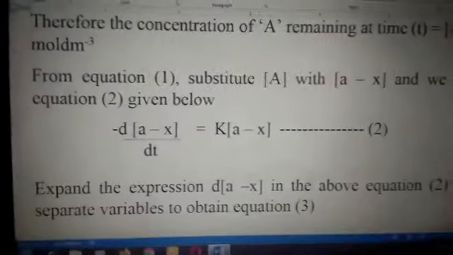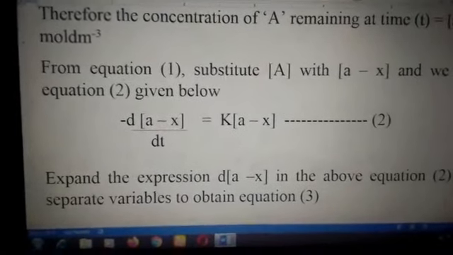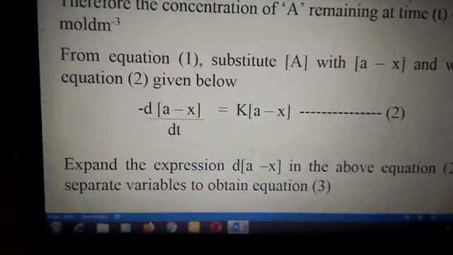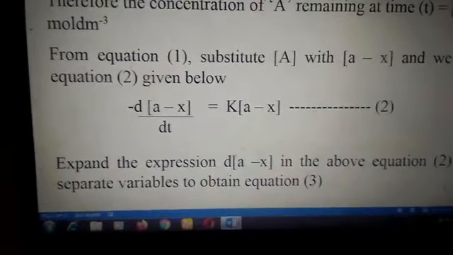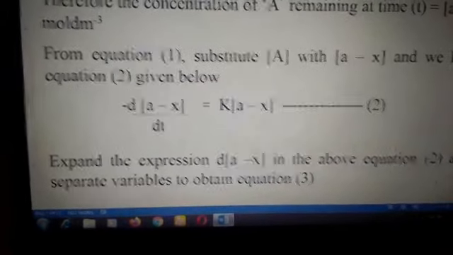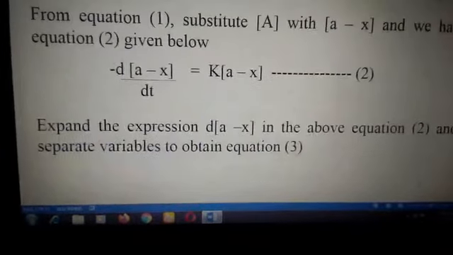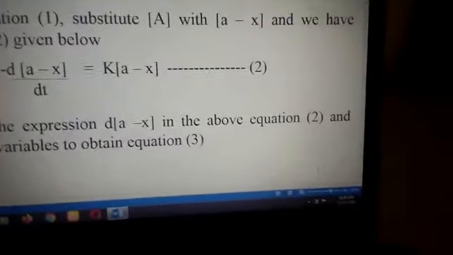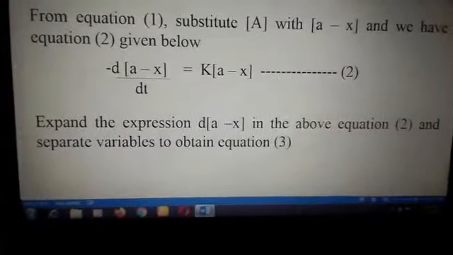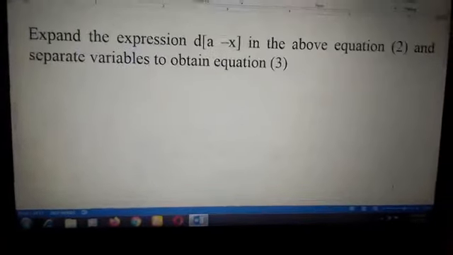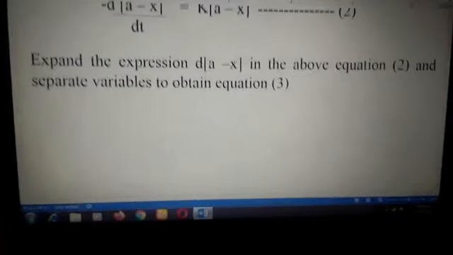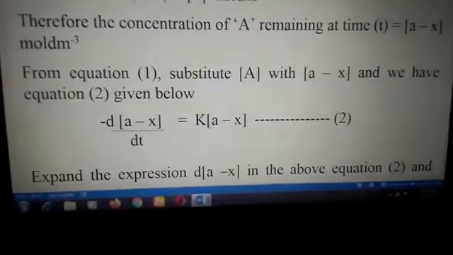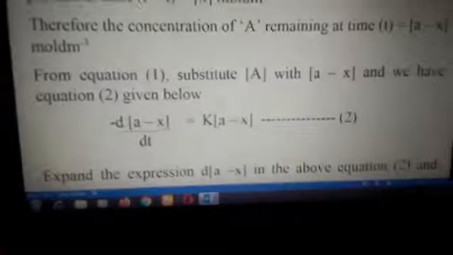We expand the expression. We expand equation 2, the left hand side, that is d bracket a minus S all over dt. We open the bracket. So we expand the expression d(a minus S) in the above equation 2 and separate variables to obtain equation 3. Let's see how the expansion was done. To expand it, we multiply d after the bracket by a. So d times a gives us da.